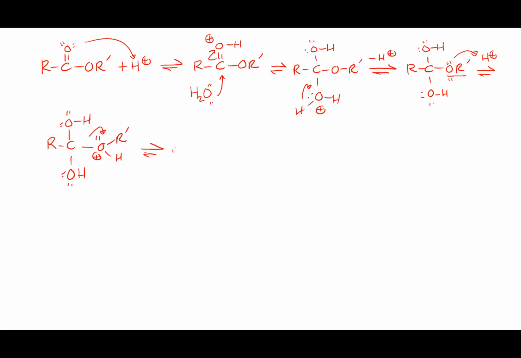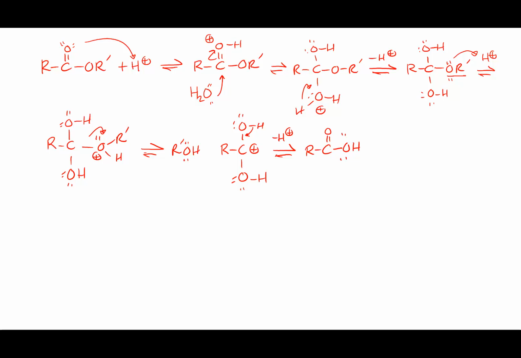So we could lose the alcohol part, and if that was the case, we would end up with a carbocation, and then we would move this pair of electrons down and regenerate the catalyst to form the carboxylic acid.